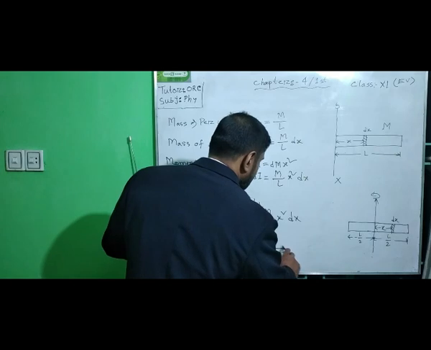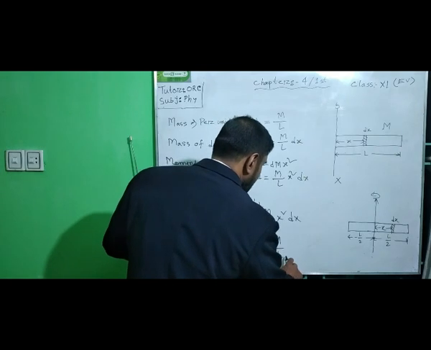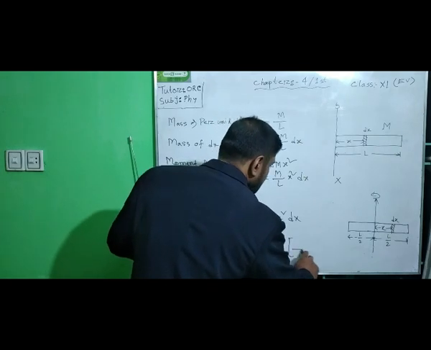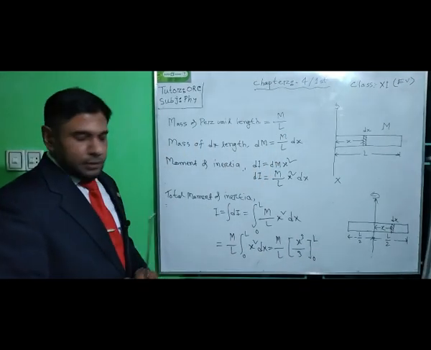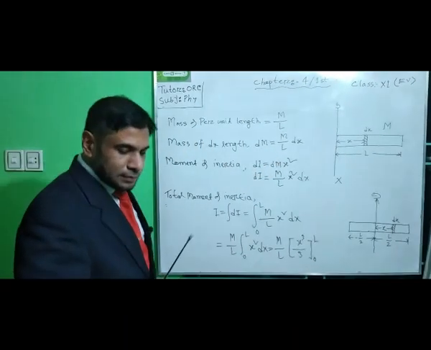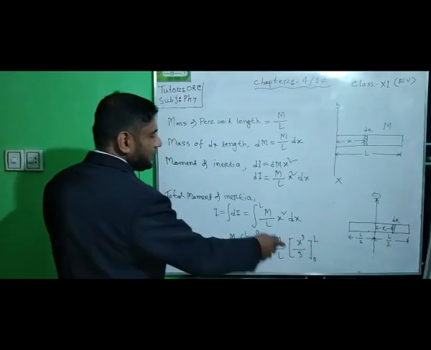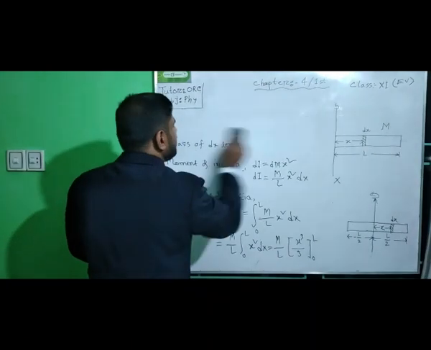Again, m divided by L, x to the power 3 by 3, and this is from 0 to L. So now let us substitute the upper limit and lower limit here.